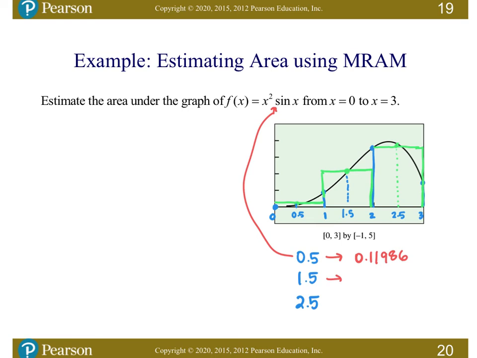So 1.5 squared times the sine of 1.5, 2.24436, and then 2.5 squared times the sine of 2.5, that's 3.74045. Okay, so let's keep track of all of those. Those are the heights of each of our rectangles.